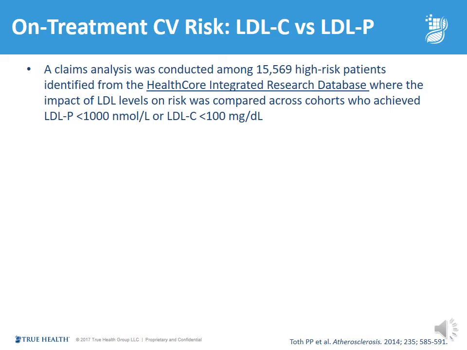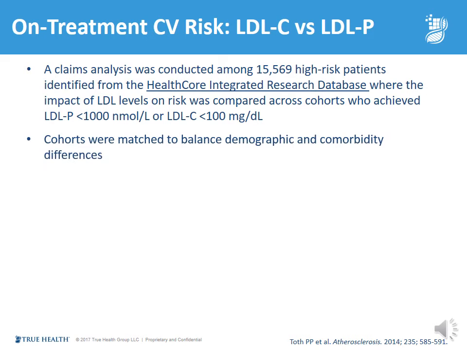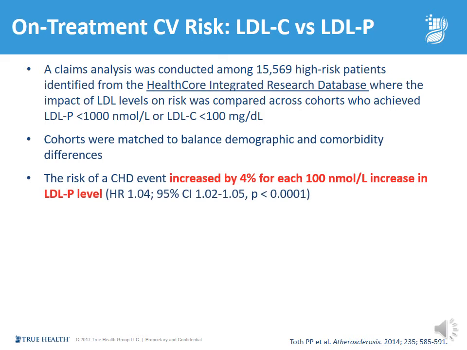Does it matter if you've attained an LDL-C of 100, what your LDL particle count is? The cohorts were matched to balance demographic and comorbidity differences. The risk of a CHD event increased by 4% for each 100 nanomoles per liter increase in LDL particle concentration.